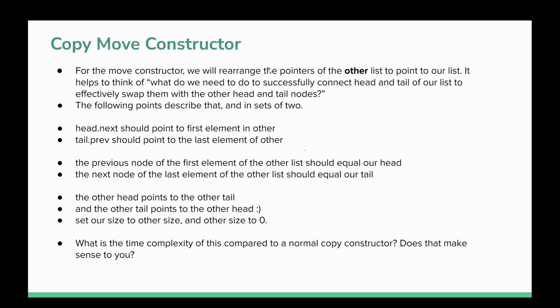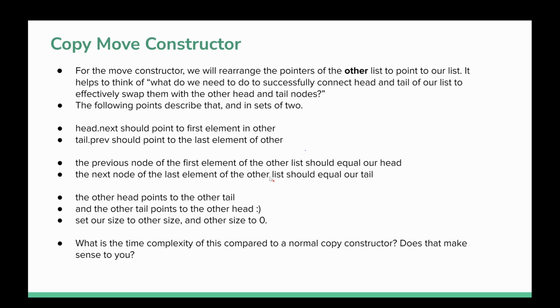But we're going to say our head. Currently, the other head next is some value. We're going to say our head points to that value, and then the other head does not point to that. So the first thing we'll do is head next of our list should point to the first element of the other. Tail previous should point to the last of other. After we've done those two, I think of it as pairs of things we're doing. We'll go to the previous node of the first element of the other list, and that should equal our head.